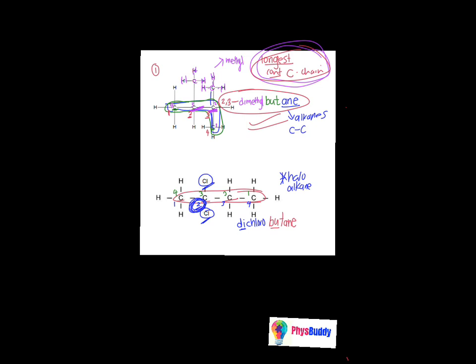So both chlorines are on number 2. So we say 2, comma 2, showing that both are on number 2. A comma to separate numbers. So 2,2-dichlorobutane. Numbers are separated by commas and numbers and words separated by a dash.